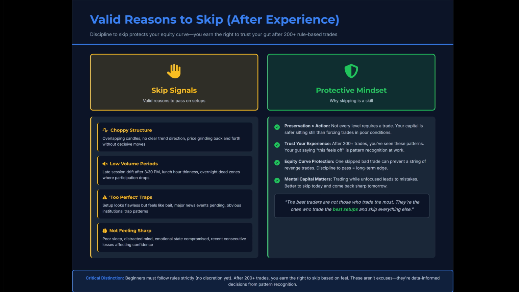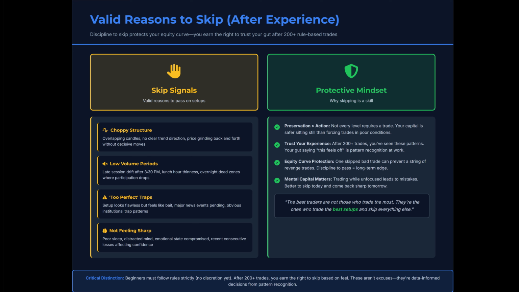After 200+ trades, you've been stopped out in low volume periods enough times to recognize the pattern. When you see thin volume bars on your developing profile, or when you check the clock and realize it's lunch hour or late session, your intuition says low probability window. That's your signal to skip or downgrade to micros for practice only.